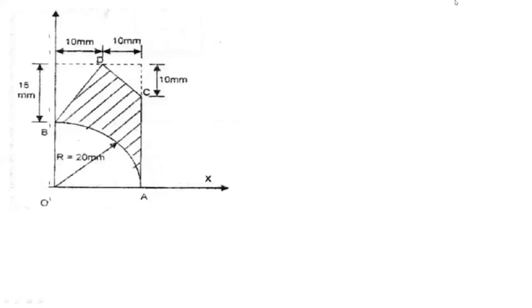During the last lecture, we have seen the concept of the centroid and the center of gravity, and we have solved one problem on the centroid. So this is the second problem, you can note it down.